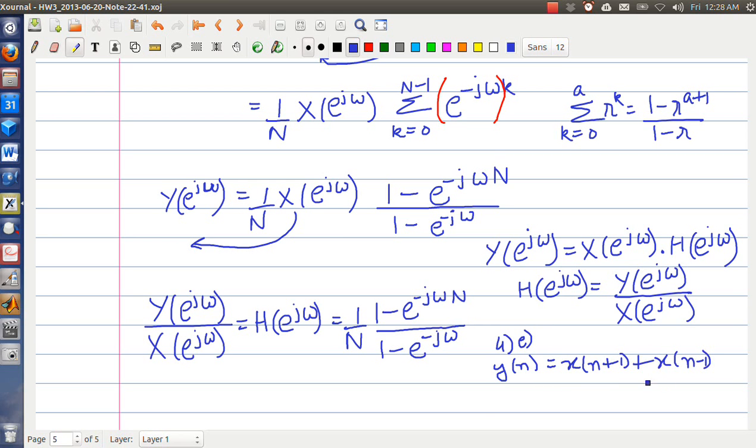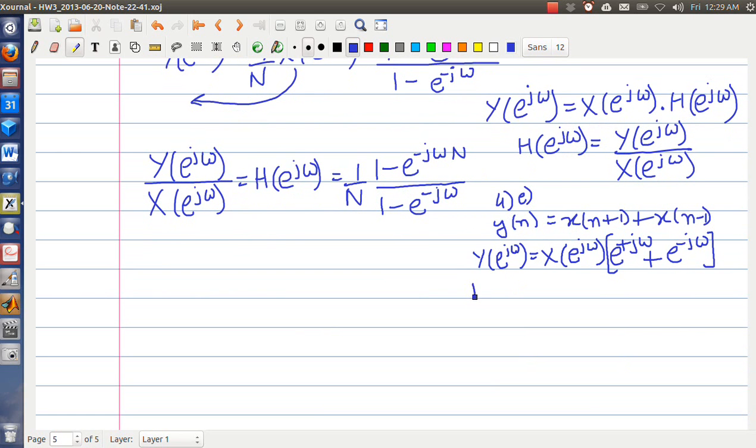If you took the Fourier transform of both sides, you would have got Y(e^{jω}) is X(e^{jω}) times, since it's a shift of plus 1, e^{jω}, plus another one of these times e^{-jω}, which would have given us the system transfer function as just this, which is 2 times cosine omega.